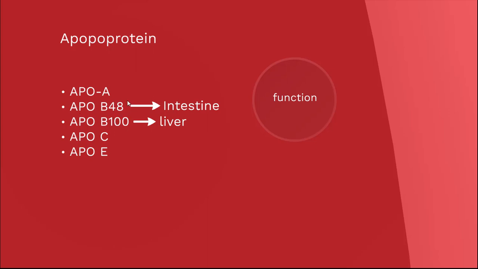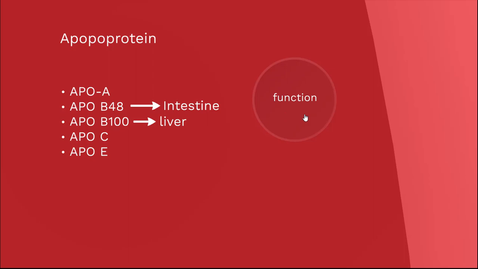ApoB48 and ApoB100 both come from the ApoB gene. But the difference is that ApoB100, which is produced in the liver, has its B gene 100% coded. On the other hand, ApoB48, which is produced in the intestine, has the B gene 48% coded. So that's the reason they differ from each other.